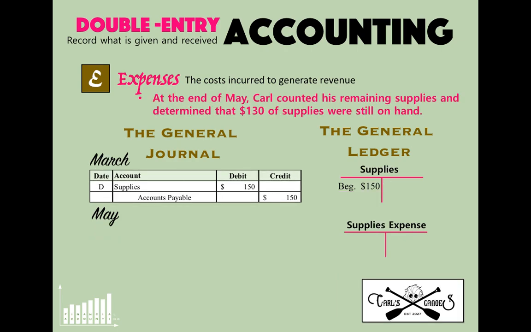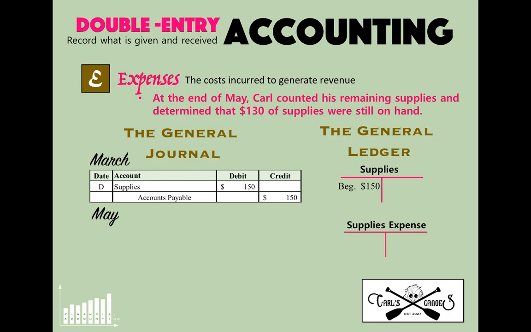Now, at the end of May, Carl counted his remaining supplies and determined that $130 of supplies were still on hand. Well, way back in March, Carl bought supplies on account, which means he hadn't paid for them yet. But we have this entry in our journal, letter D here, supplies and accounts payable.